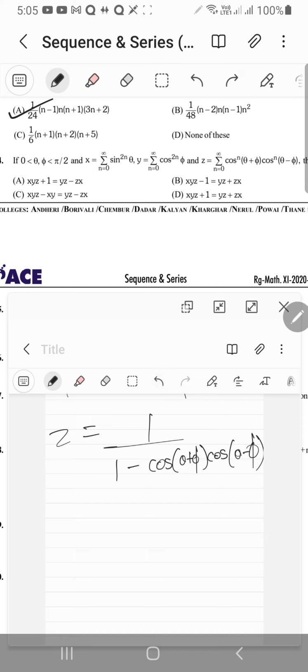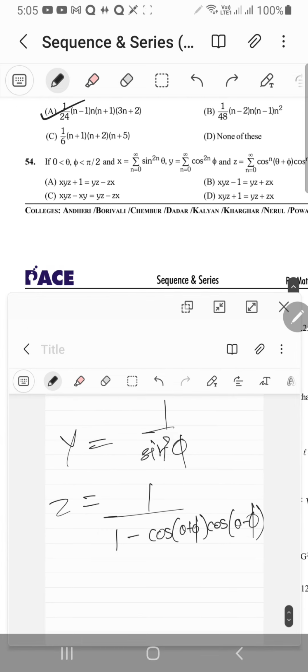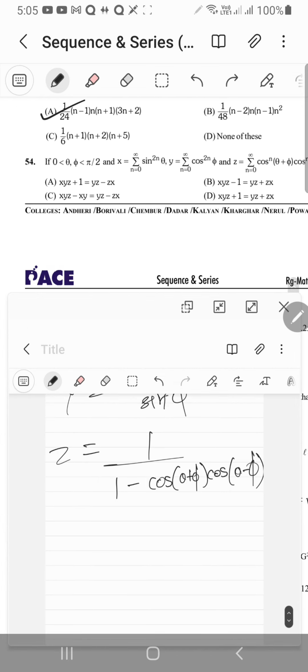Alright, what about it? Then, so maybe we can write it in a different way. Okay, think about it. You can write this half of 2 cosine of this, right? Cosine of theta plus phi, cosine of theta minus phi.